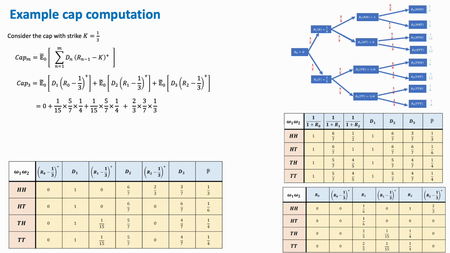Then we look at the second expression here. We need D2. So that is this column that we're going to take and multiply by this column, which is right next to it. And then we need one expected value, so naturally you're going to multiply also by the probability of being in that state.